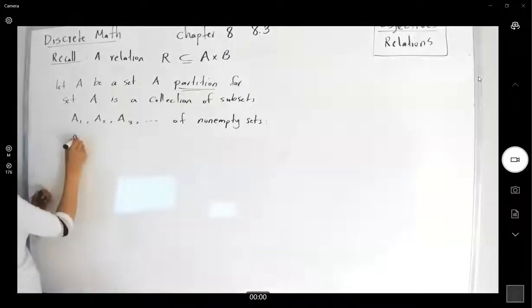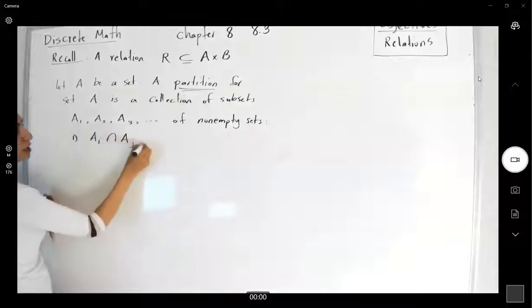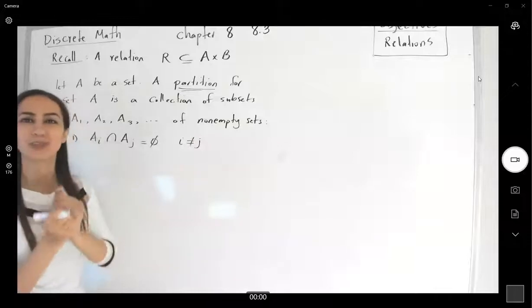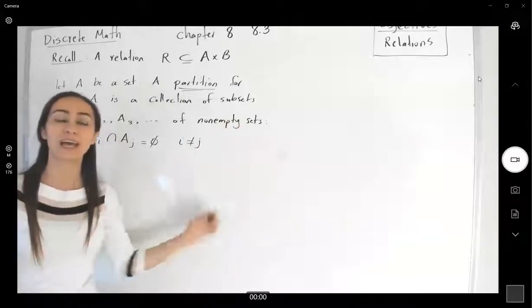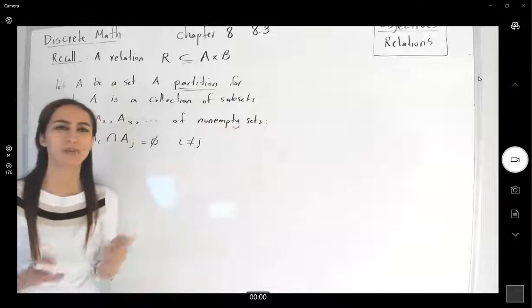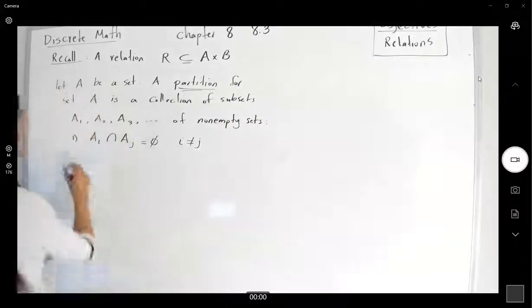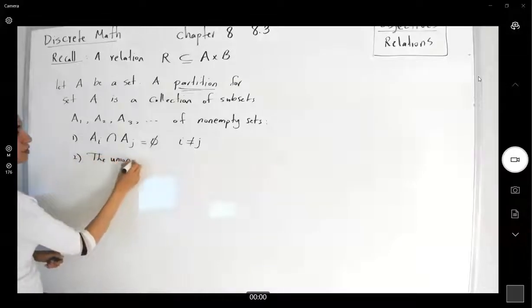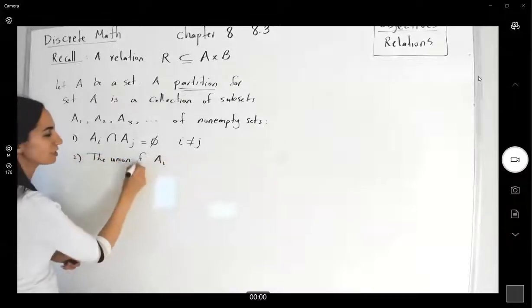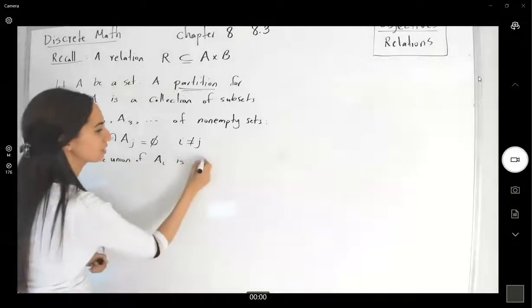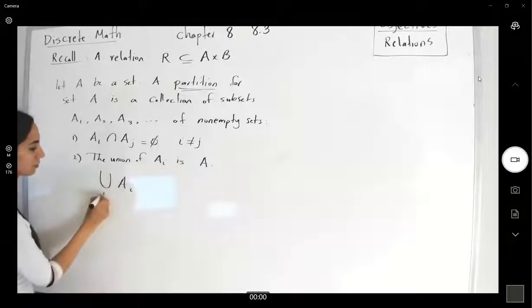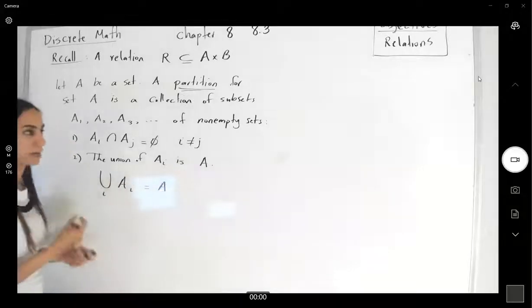First of all, A sub I intersection A sub J is empty. It means that they are mutually disjoint. If you take two random subsets and find an intersection between them, that intersection is empty. Second of all, the union of the A sub I's is A. So if you take the union of these A sub I's over I, it is equal to A.